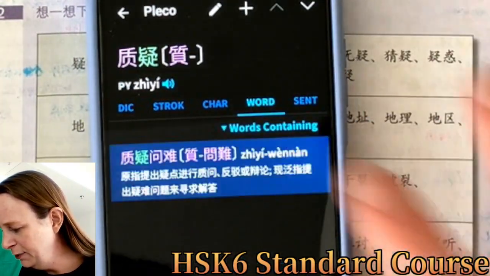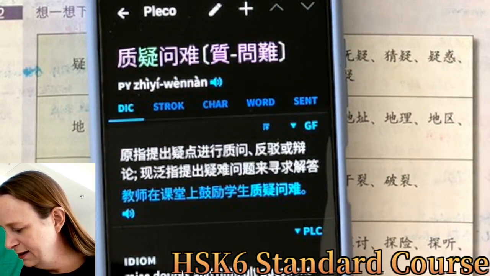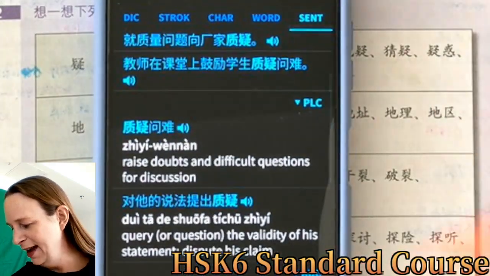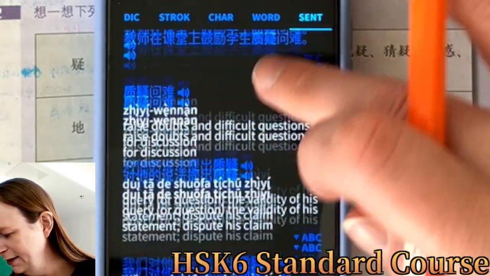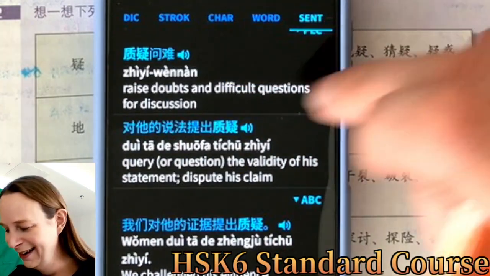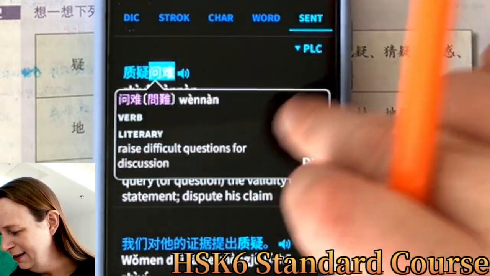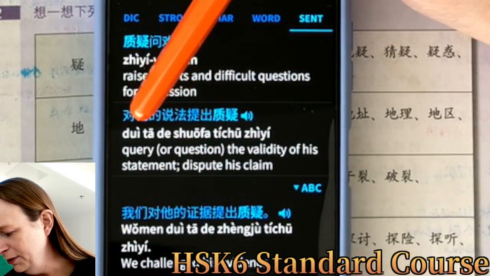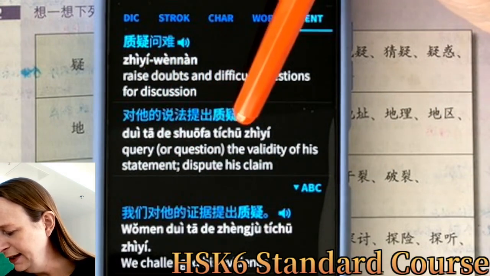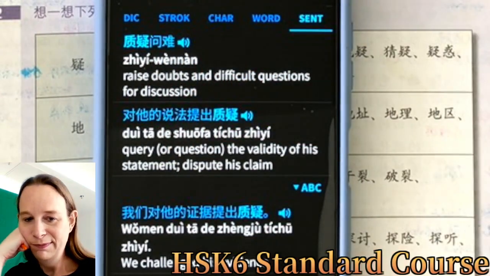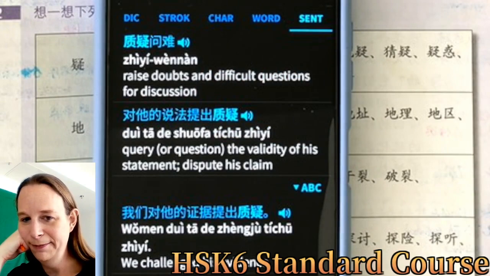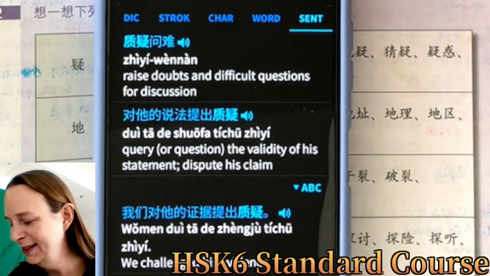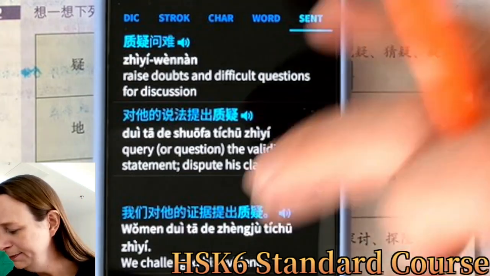What's that? 质问难. It's something else. 质问难. All right. Why is it 问难 and not 问难? 问难. Raise difficult questions. All right. 他对他的说法提出质疑 raises questions. But those questions are like about its authenticity, about its correctness, about something.